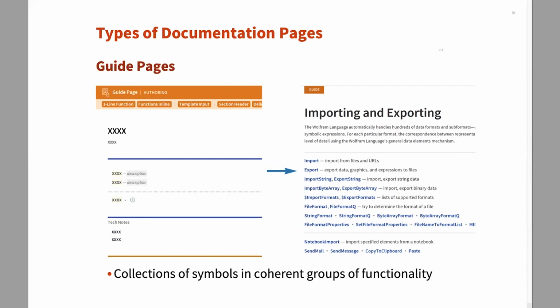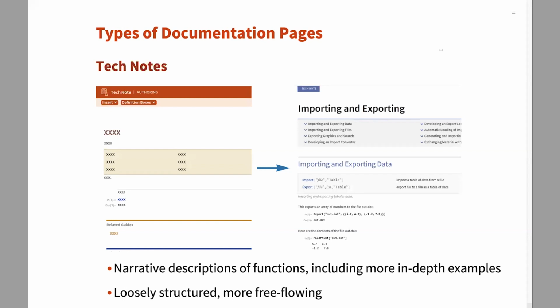The third type of documentation page we're going to talk about is tech notes. If you've been around the Wolfram systems for a while, you might recognize these used to be called tutorials. I'm not going to get into the details of why those were renamed, but suffice to say, these are called tech notes now. These are for the narrative, bookish level descriptions of how you might be using the functions in your Paclet.